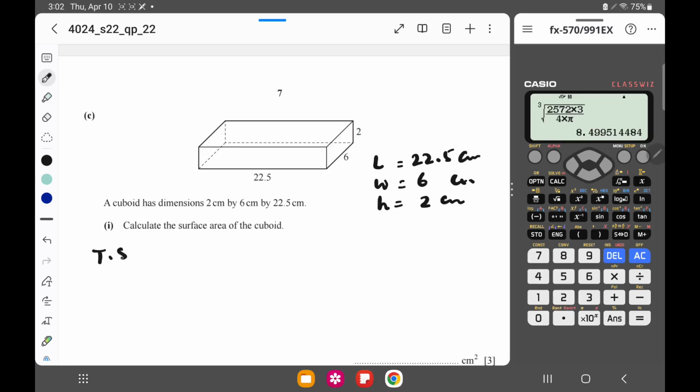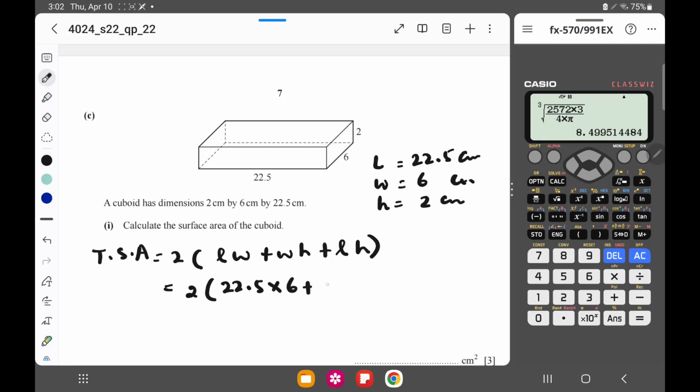So total surface area is equal to 2 times length into width plus width into height plus length into height. Remember, if it is a closed cuboid. Okay, so 2 times 22.5 into 6 plus 6 into 2 plus length into height, 22.5 times 2. Just take it, find your answer. It's a 3-mark question.